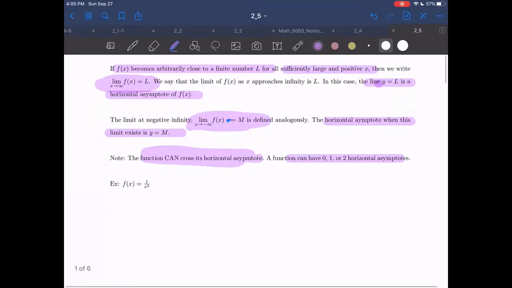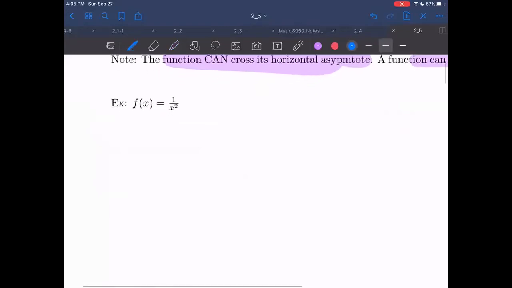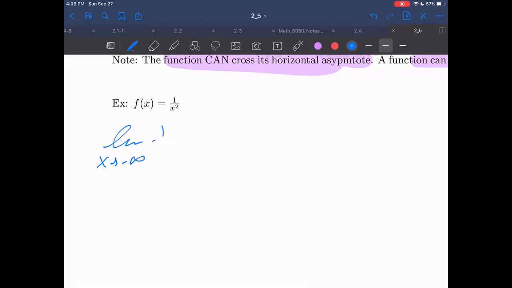Okay, so if we do an example, we've got our function here. We want to look at what happens as we take x to negative infinity, and what happens as we take x towards positive infinity.